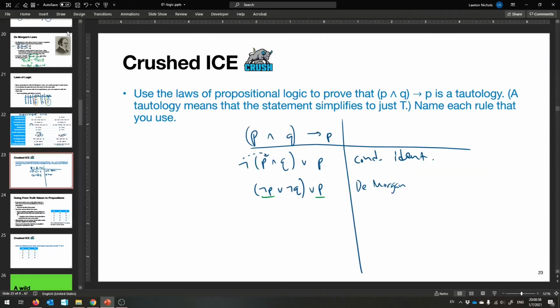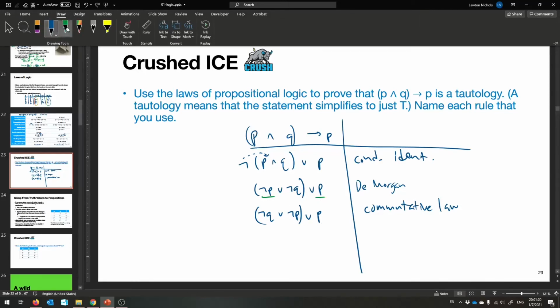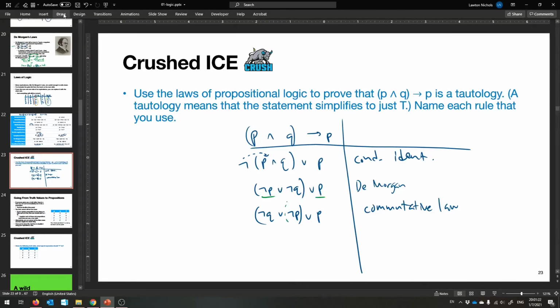So we can say not Q or not P, and then OR P. That's the commutative law for OR. And then we can use the associative law to rewrite the parentheses, because we'd really like to see this happening right there.